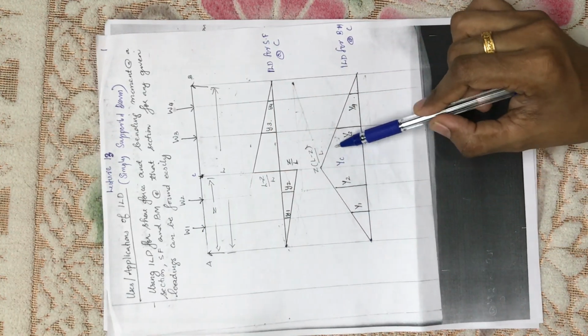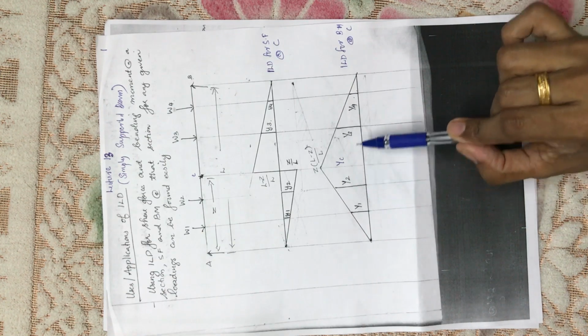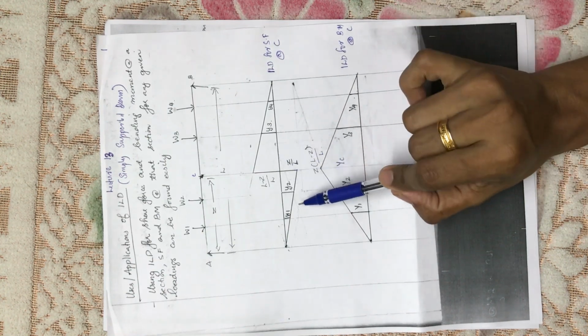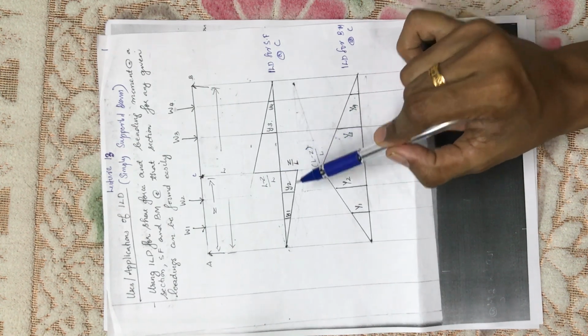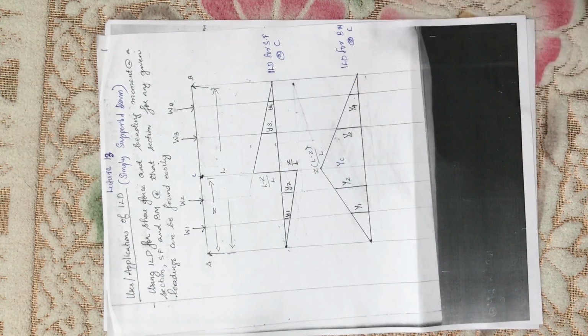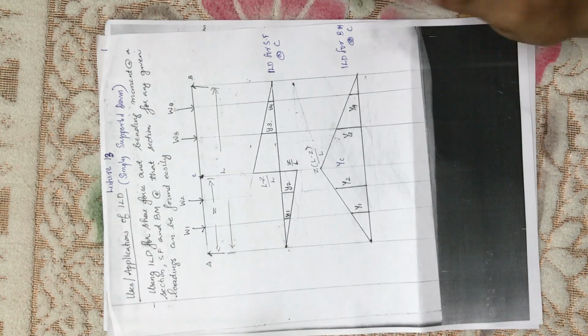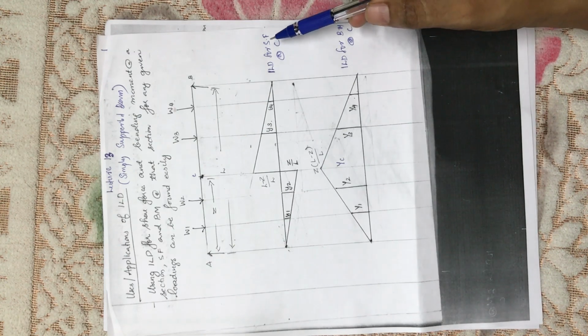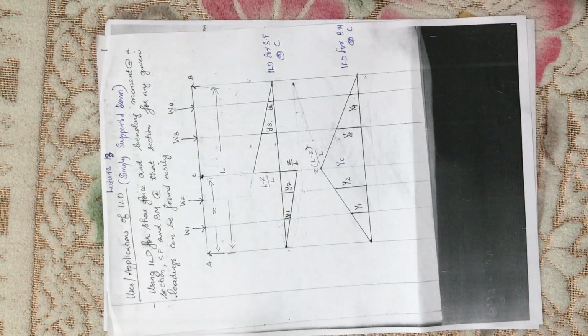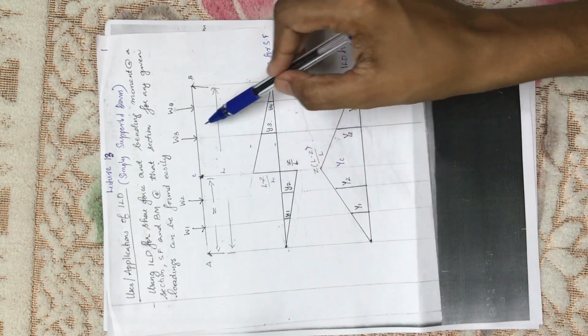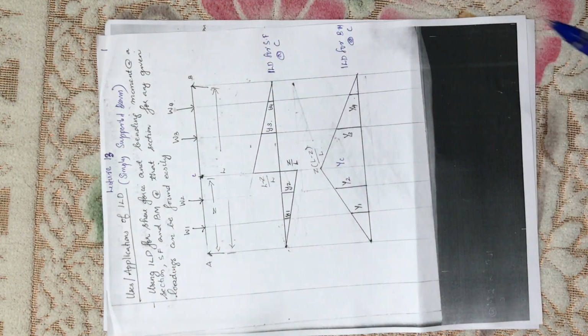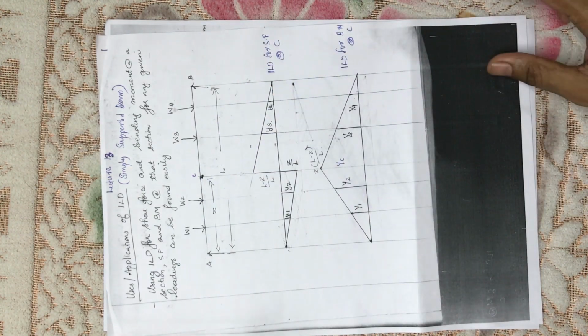Here we are finding this YC value to get the other ordinates. Okay, and also here we are using the L minus Z by L and Z by L value to get the ordinates Y1, Y2, Y3 and Y4. To get the shear force value and bending moment, just draw the influence line diagram and just multiply the loads and the corresponding ordinates. Okay, for both shear force and bending moment in case of point loads.